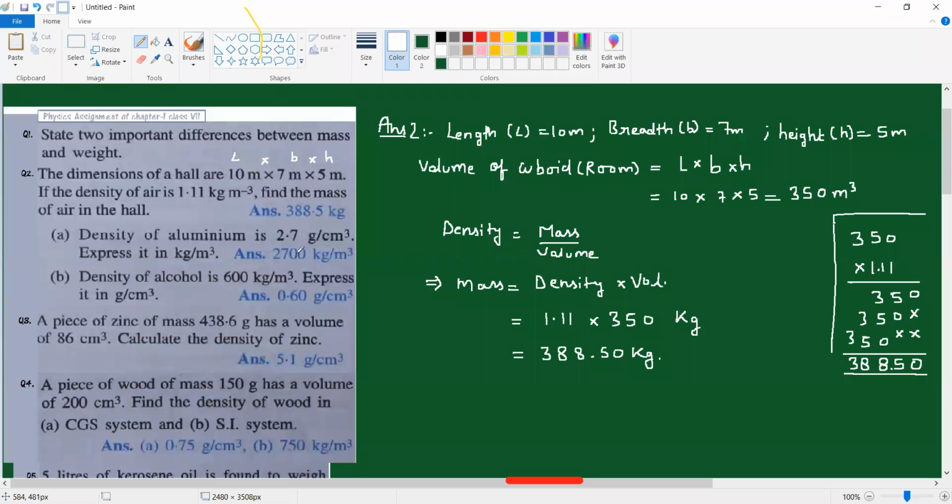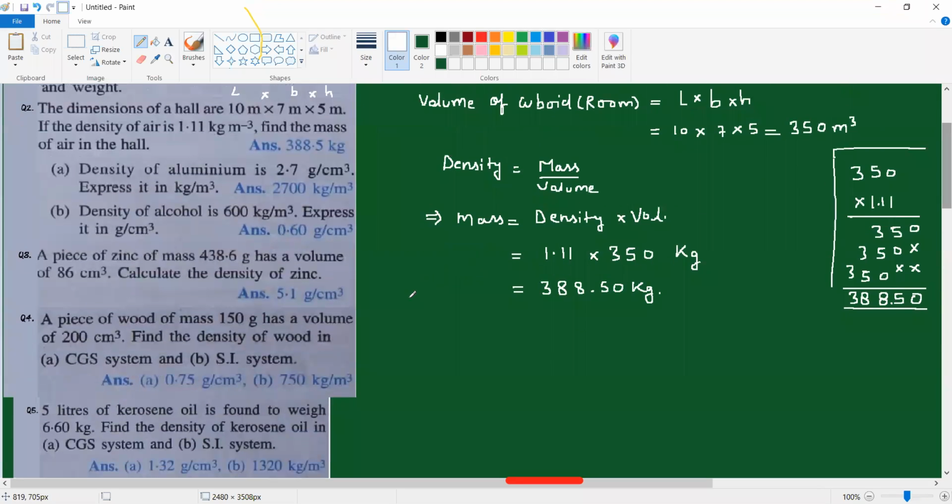Now density of aluminium is 2.7 gram per centimeter cube, express it in kg per meter cube. So it's part A. Density is given in gram per centimeter cube. We have to express it in kg per meter cube.